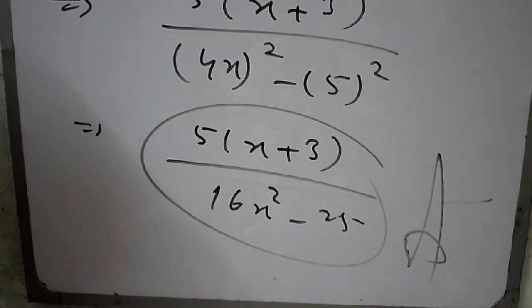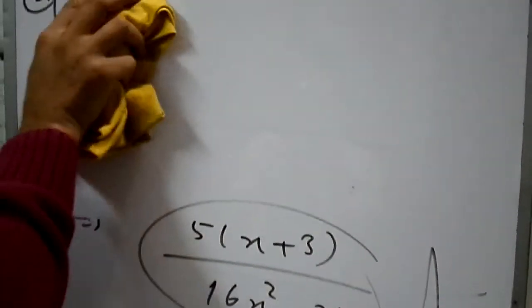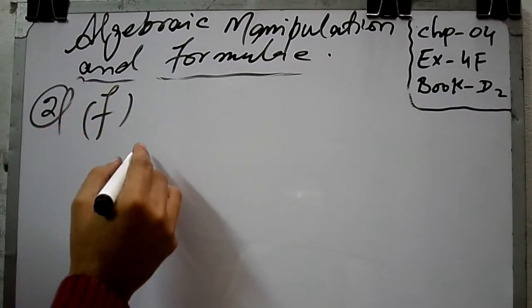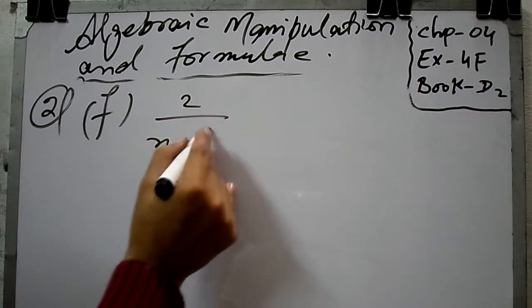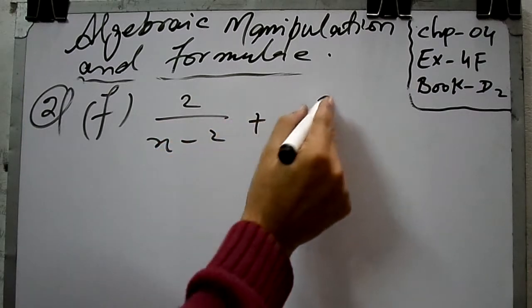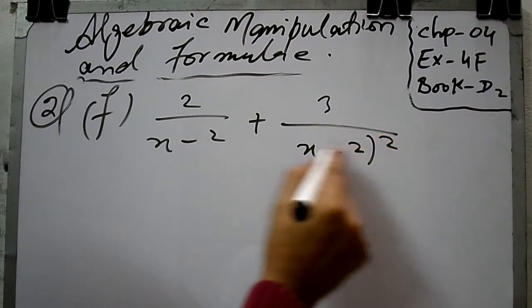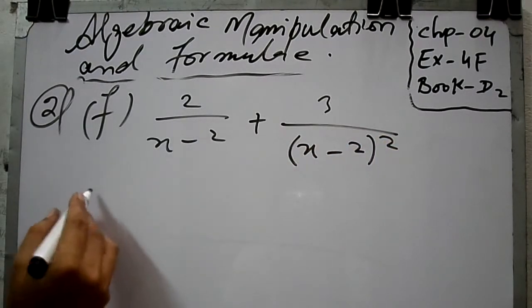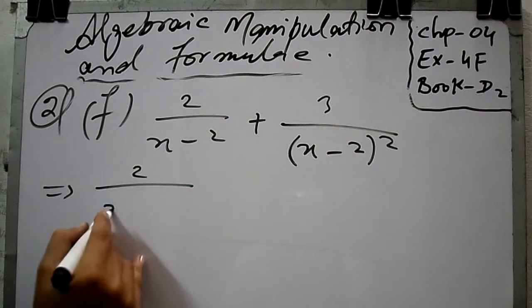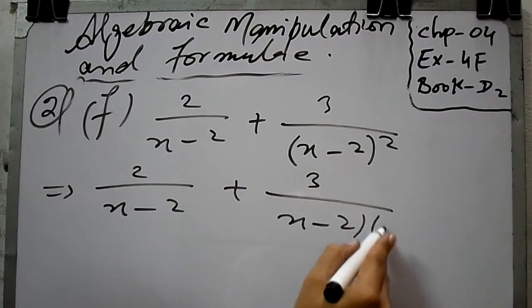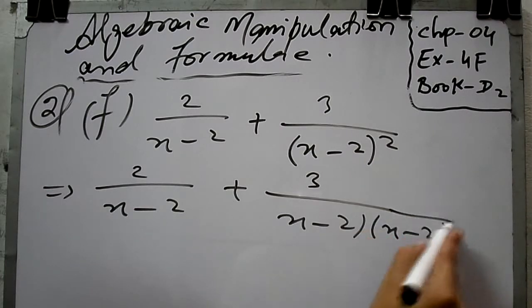Now coming to the F part. That is 2 by x minus 2 plus 3 by x minus 2 whole square. So once again factorize the denominators, that is you can write twice because it is a square.